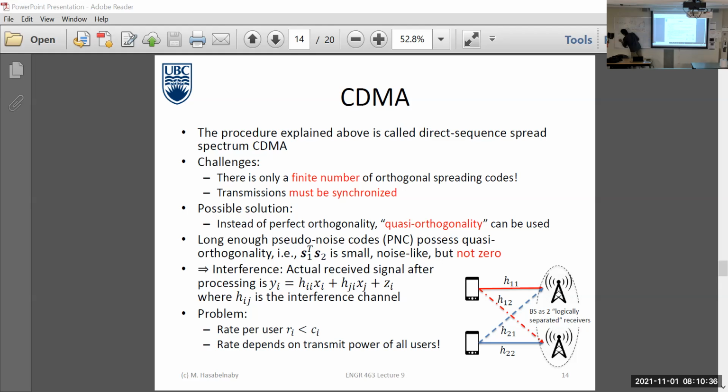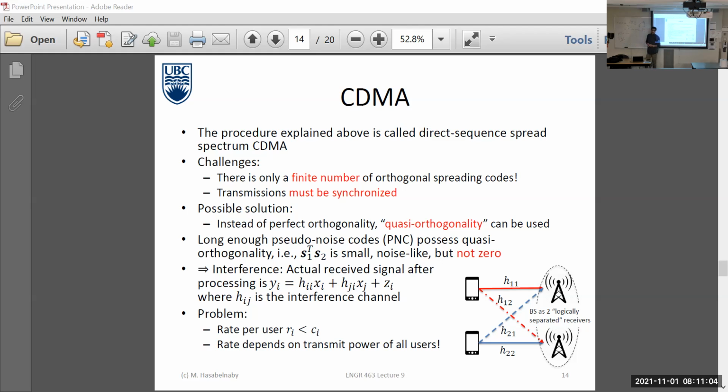So we have 1, 1 multiplied by 1, 1. The result will be 2. 2 multiplied by half equals 1. So the result here will equal H1 X1 plus we will multiply half S1 transpose by S2.